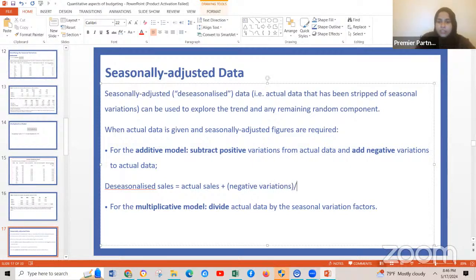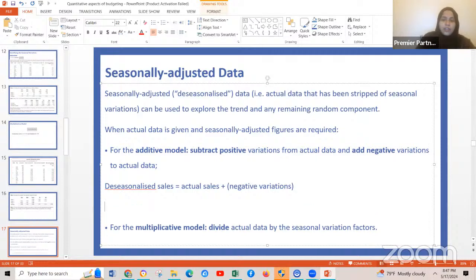Or if you're taking positive, minus positive variations. I don't know if you will take it as divided, no? So I'm going to put in another line. Or actual sales minus positive variations.